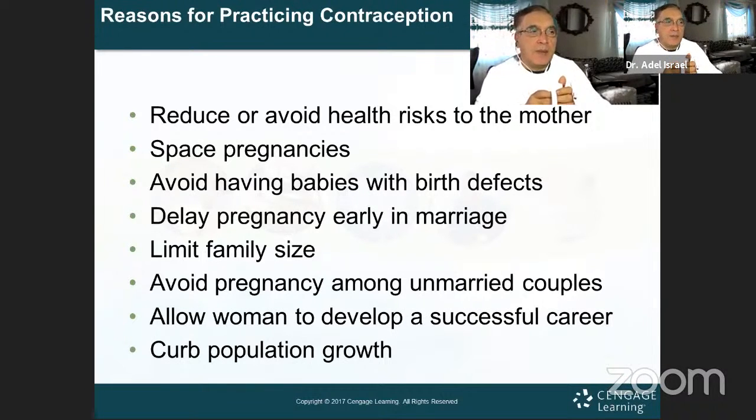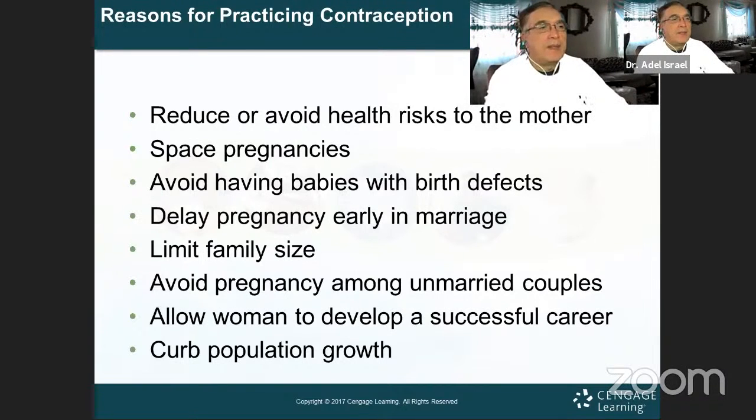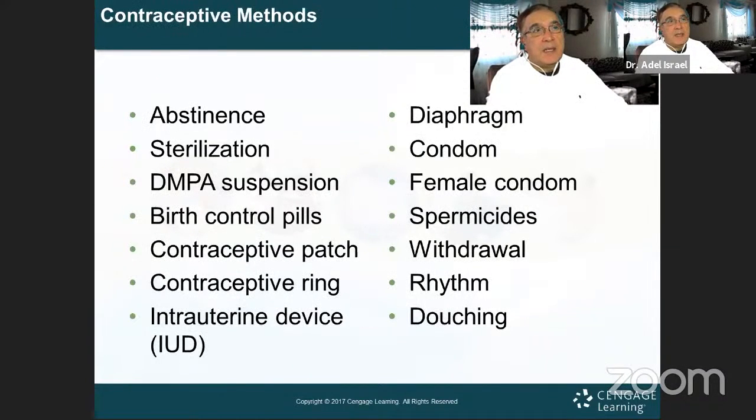And curb population growth. This is another reason. So these are the reasons for contraception. Remember, contra means against, ception means getting pregnant. So we had many forms of words talking about pregnancy in this chapter.